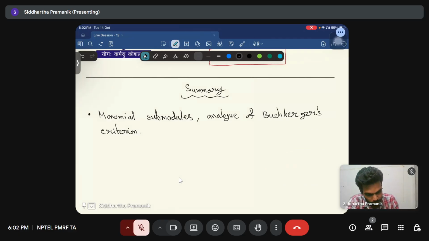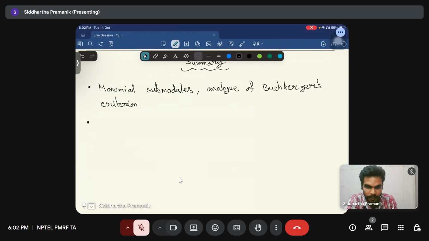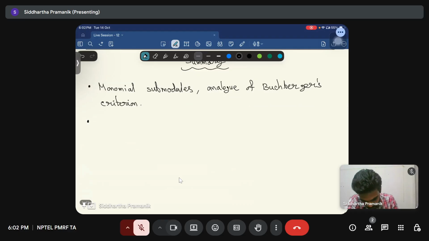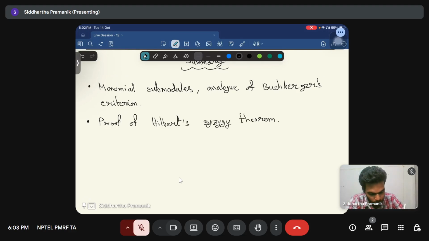And after that, our goal was to prove the Hilbert-Syzygy theorem. So the proof of Hilbert's Syzygy theorem. We proved it for monomial ideals, and we have indicated how we can reduce the general case to monomial ideals.